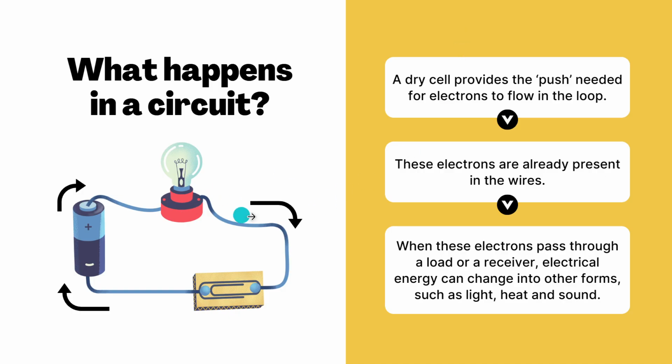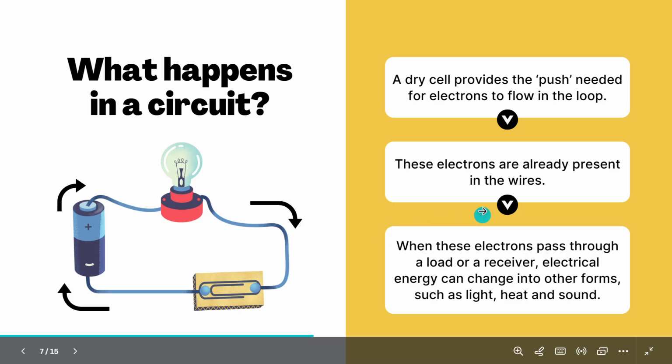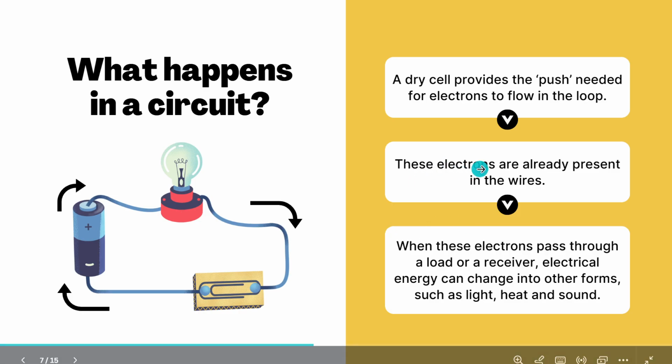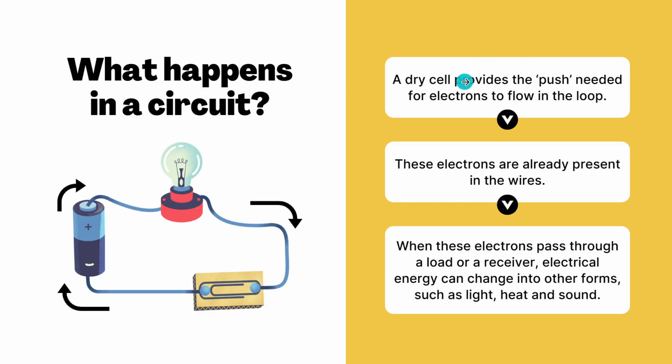Loop means the current flow going. These electrons are already present in the wires, and electrons help the current to flow smoothly. When electrons are pushed, the current flow starts and moves smoothly.